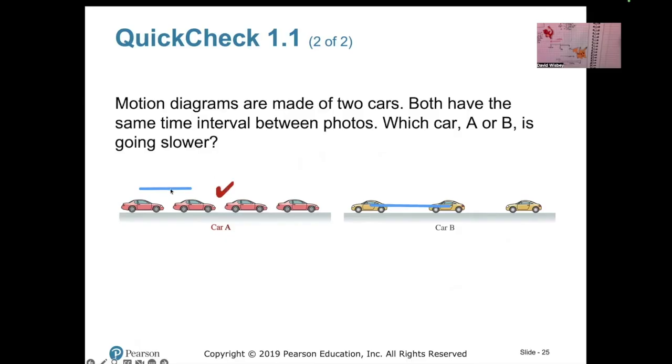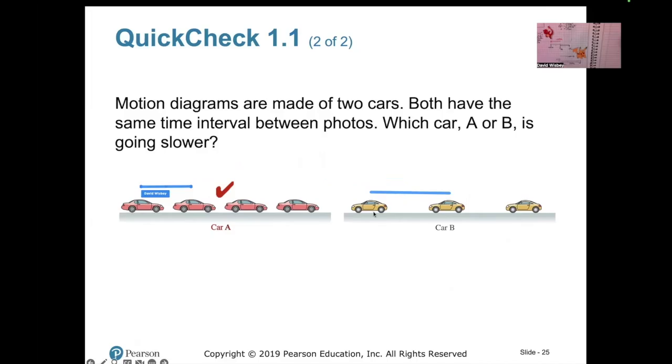If I compare these two lines, the distance for car B is much bigger. So car B is going faster, and car A is going slower. I just drew a line there and compared them. It's going to cover more distance.